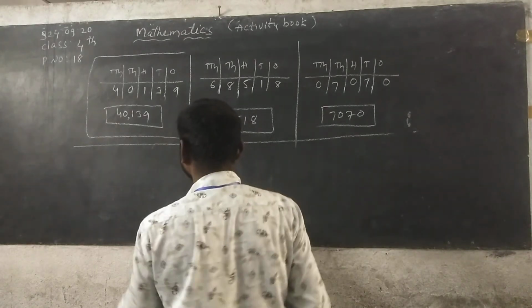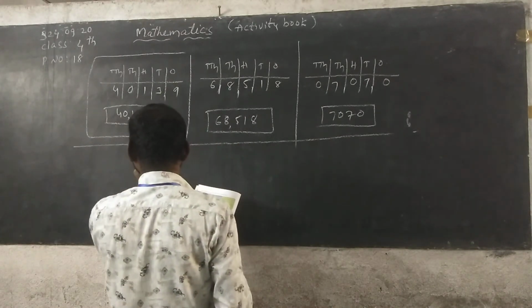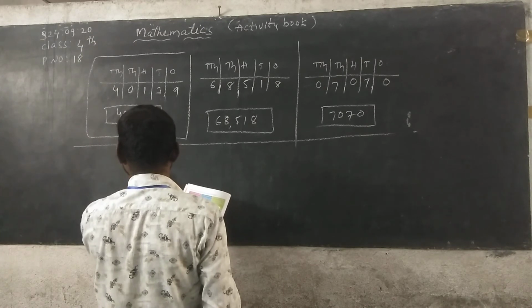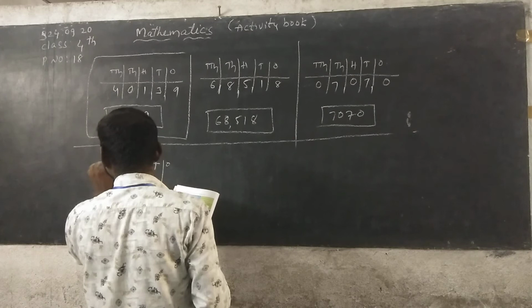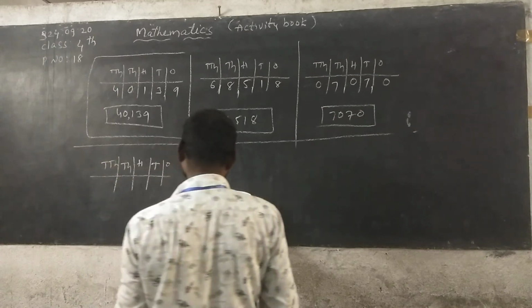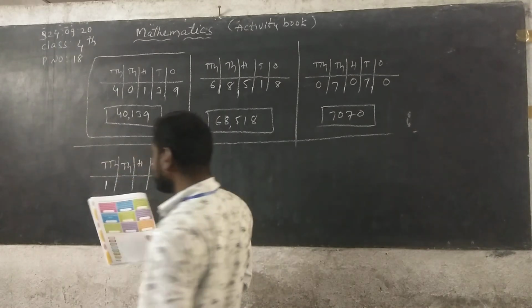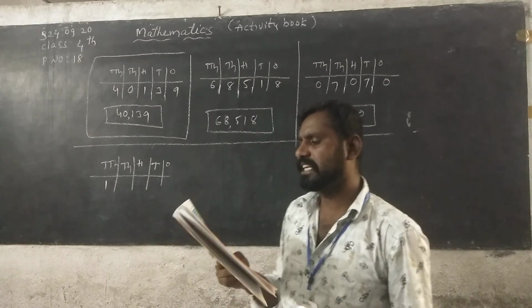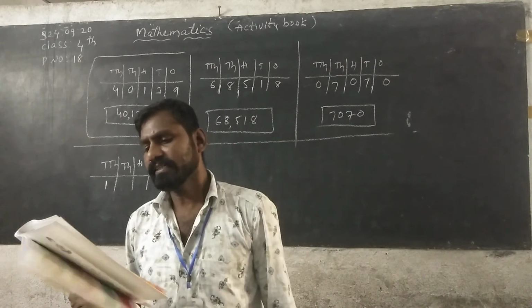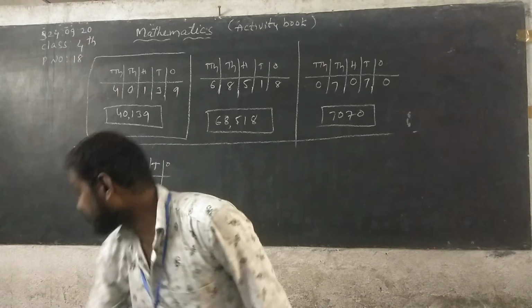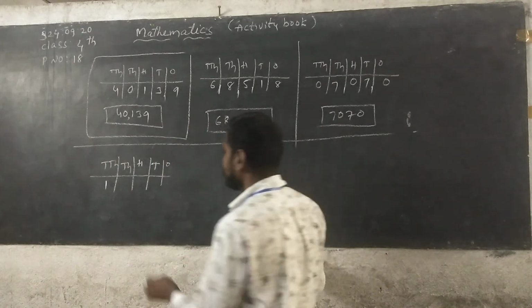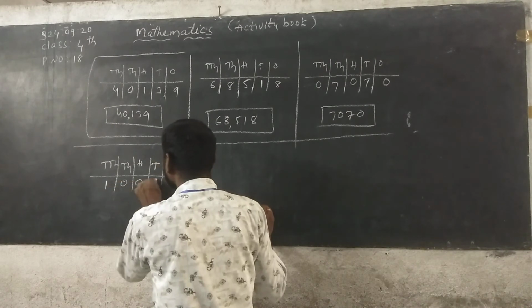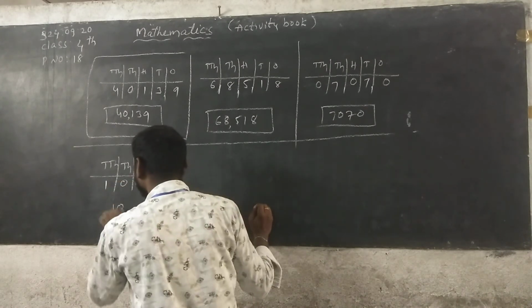Very simple. Ones, tens, hundreds, thousands, 10,000's. 1 in 10,000's place and 0 in the remaining places, means thousands place, hundreds place, tens place and ones place. You can write 0, 0, 0, 0. What is the number? 10,000.